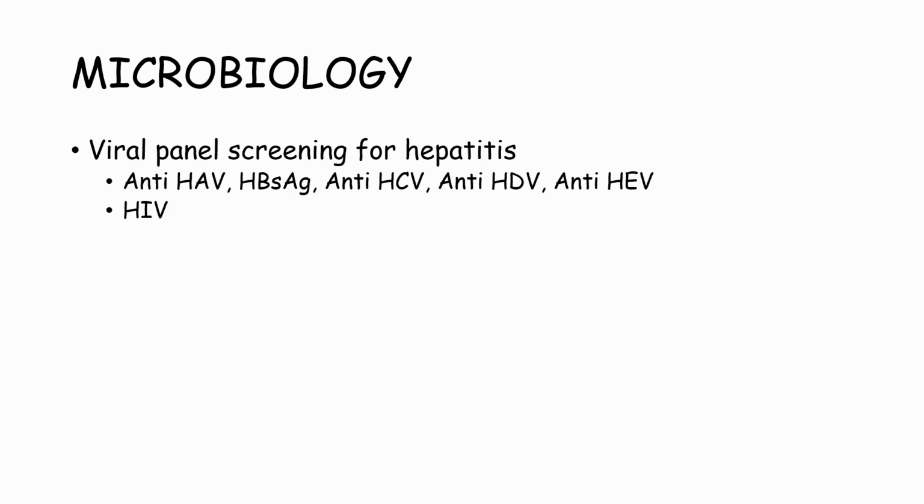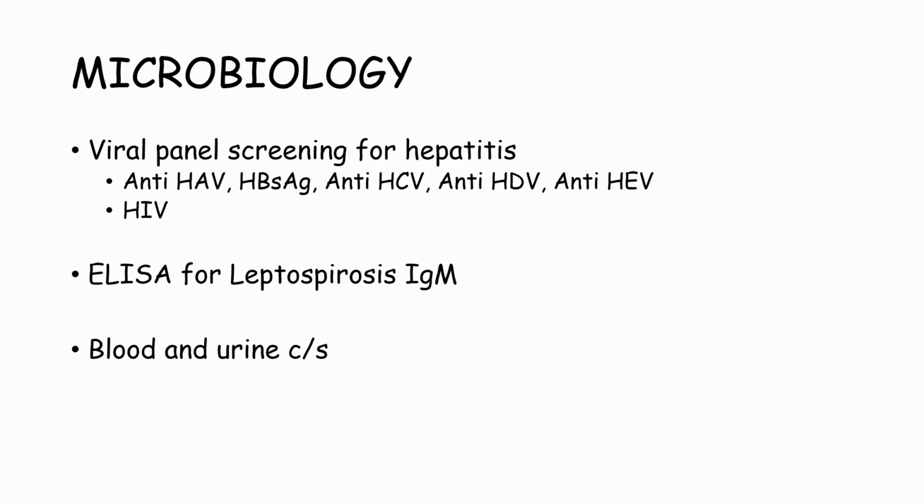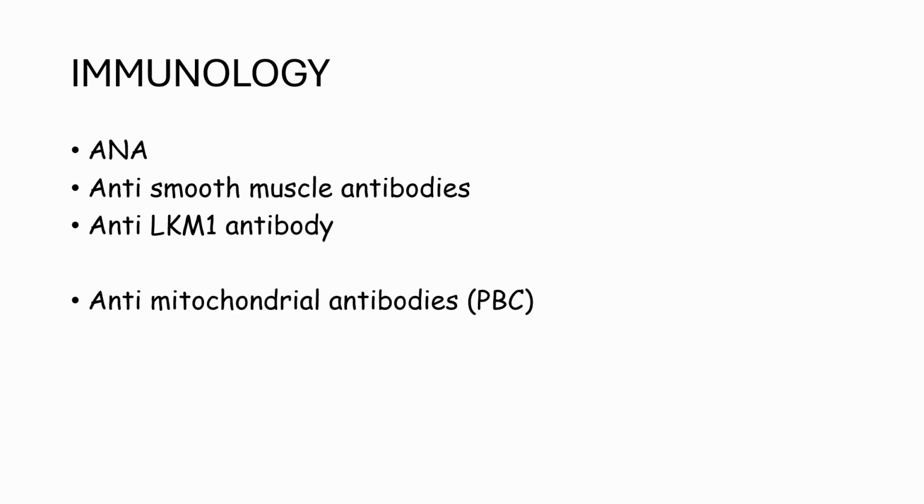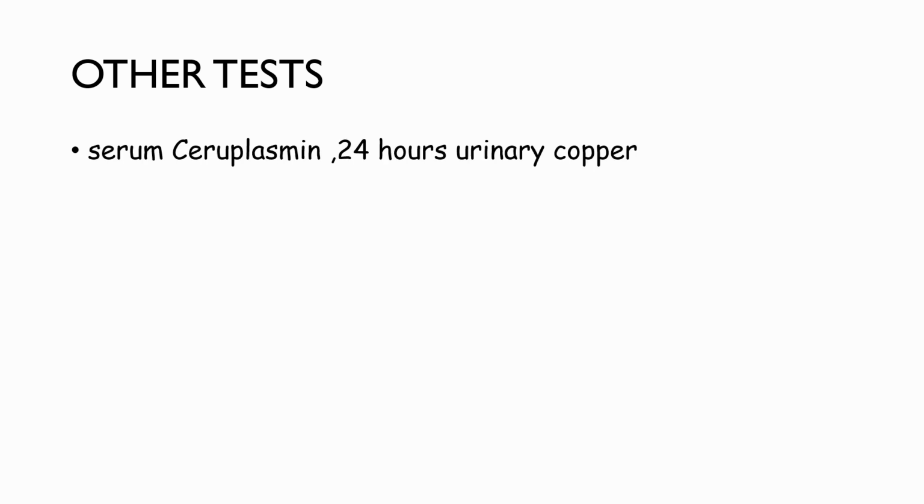Suspecting autoimmune etiology, you can do ANA, anti-smooth muscle antibodies, anti-LKM1 antibodies for autoimmune hepatitis, anti-mitochondrial antibodies for primary biliary cholangitis, and serum IgG4 for IgG4 cholangiopathy. If you suspect hereditary pathology, order serum ceruloplasmin and 24-hour urinary copper for Wilson disease. For hemochromatosis, order serum iron studies and transferrin saturation. Alpha 1 antitrypsin for alpha 1 antitrypsin deficiency.